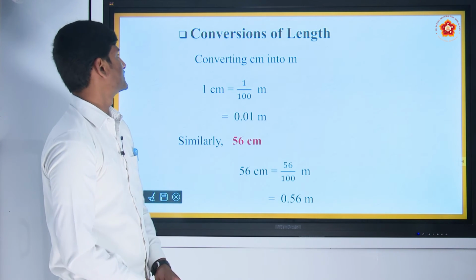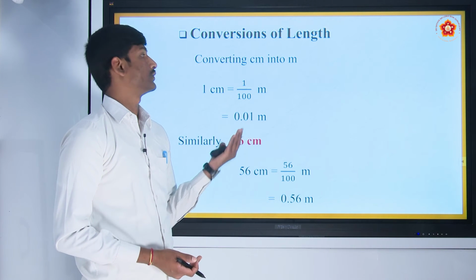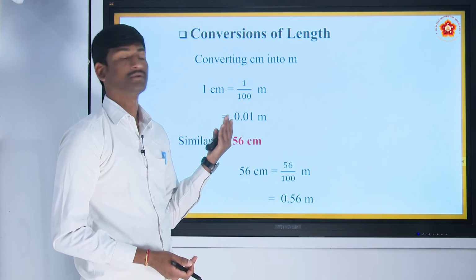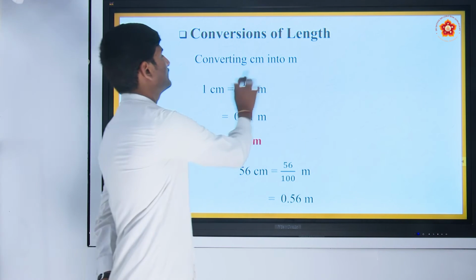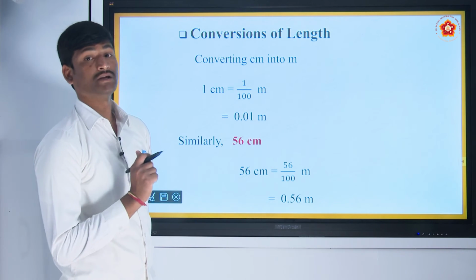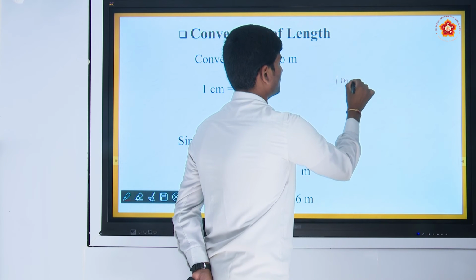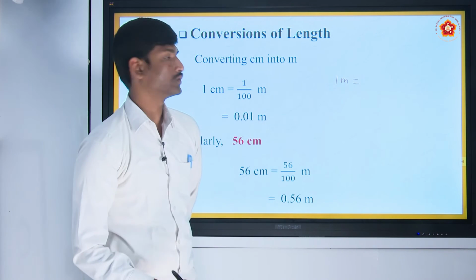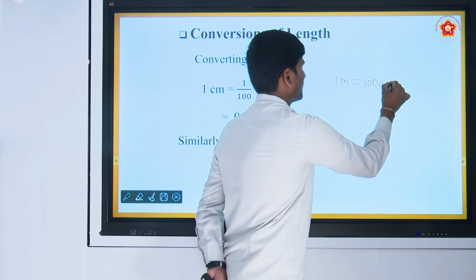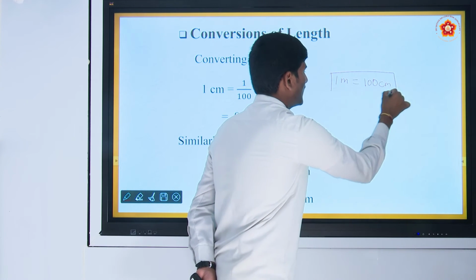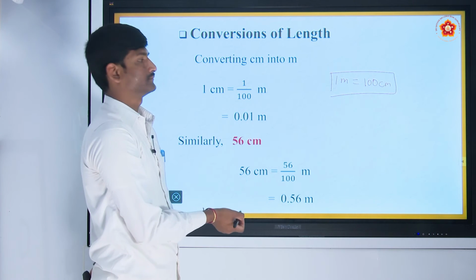Then the second one is conversion of length. You already know conversion of money. Here, converting centimeter into meter. You know 1 meter is equal to how many centimeters? 1 meter is equal to 100 centimeters.